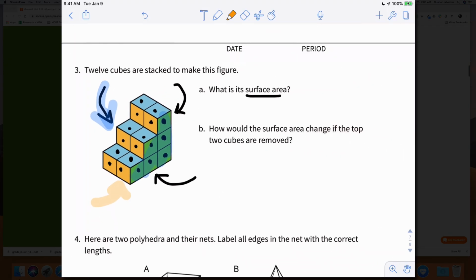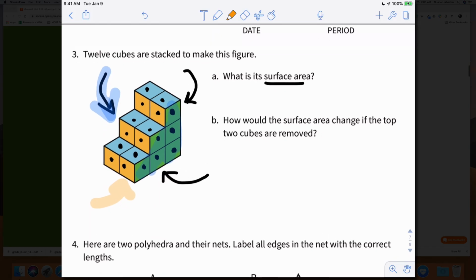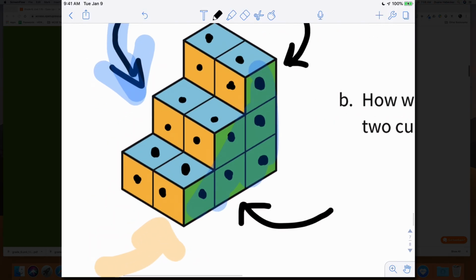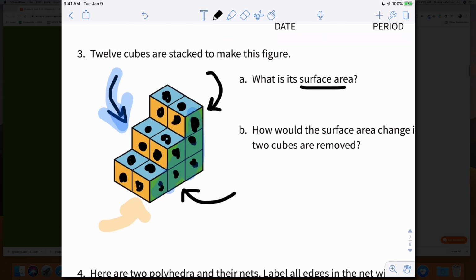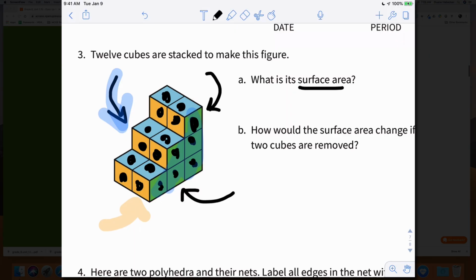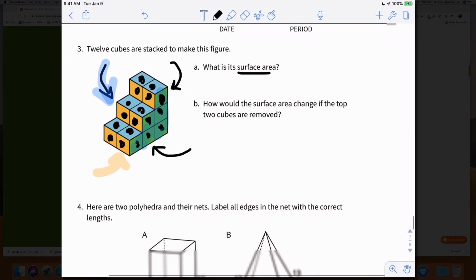I am not going to do this one because I really want to let students work on this, but count your little faces. And so far, we can clearly see we have 1, 2, 3, 4, 5, 6, 7, 8, 9, 10, 11, 12, 13, 14, 15, 16, 17, 18. So we know the surface area has to be larger than 18, and that's a good enough hint for right now.